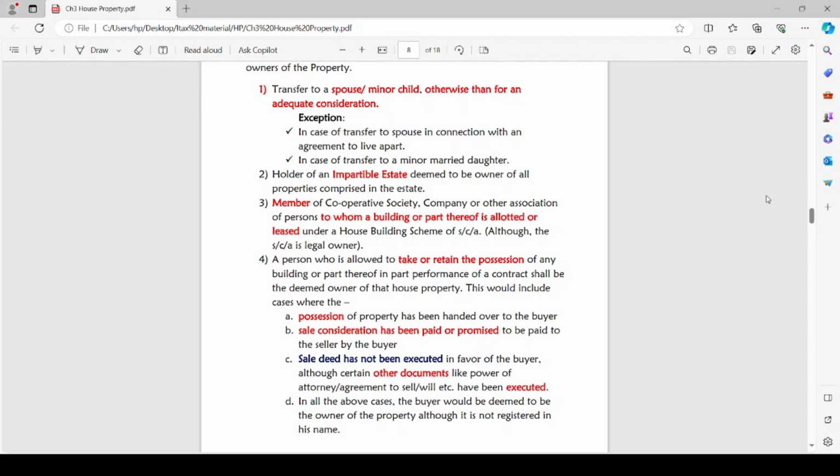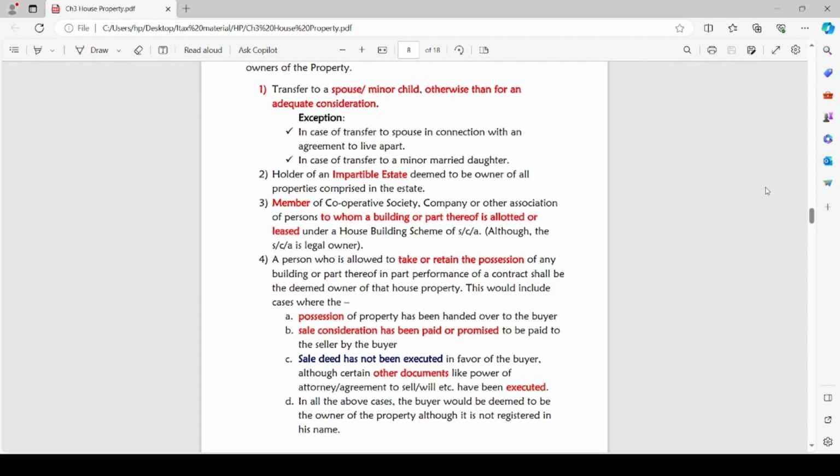But if the assessee is transferring the property to spouse or minor child for inadequate consideration, we will consider the assessee himself is the owner of the property, even though on paper he is not the legal owner of the property. In case of the transfer to a spouse or minor child, otherwise than for adequate consideration, the assessee is deemed to be the owner of the property.